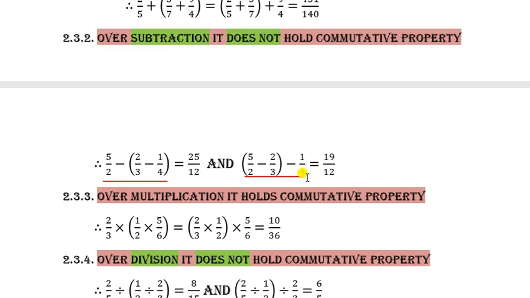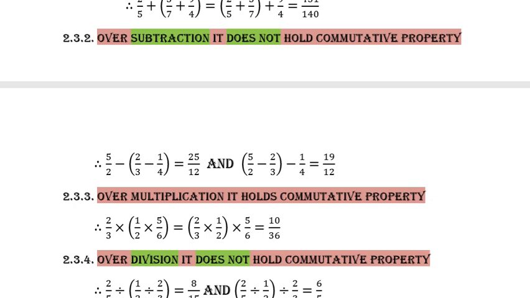I've changed the place of the bracket only, but after changing the bracket the result is completely different. Here 25 by 12 and here 19 by 12. That means the result is completely different. That means subtraction does not hold associative property. And we know division is the smallest form of subtraction. That means if subtraction does not hold it, then definitely division also does not hold it.